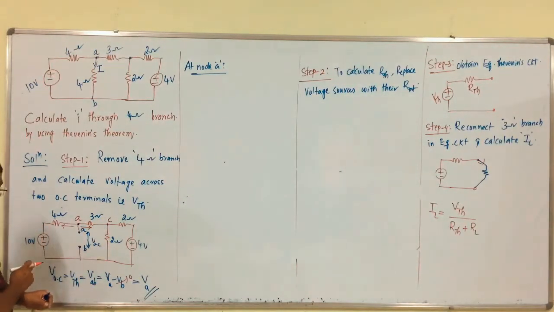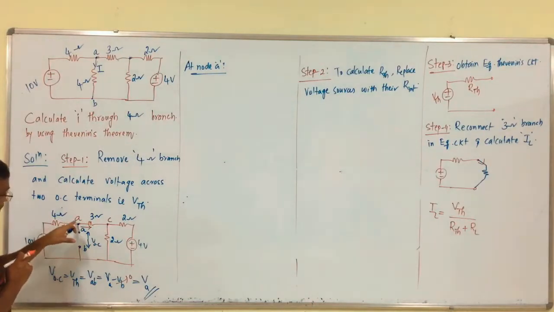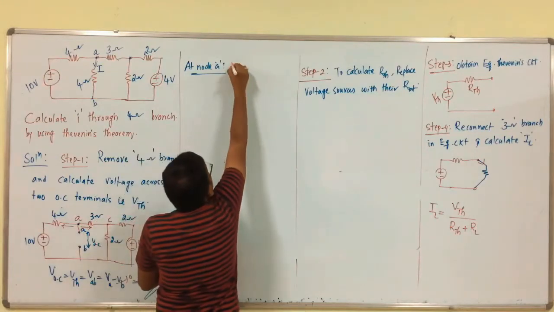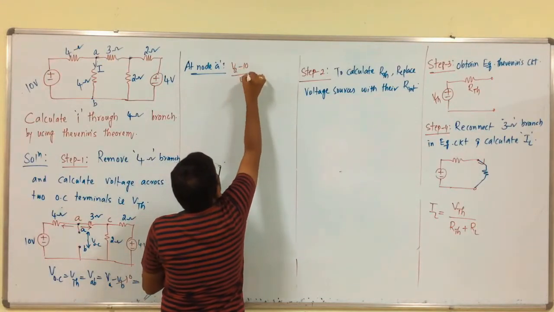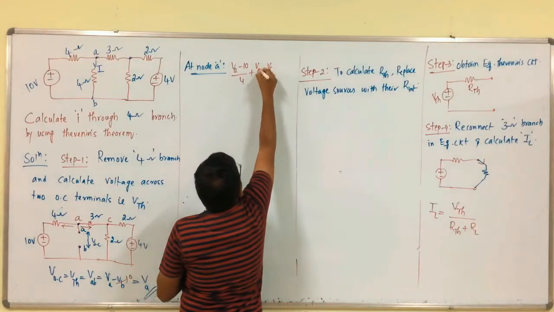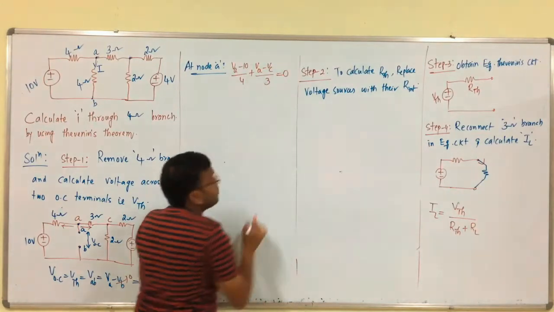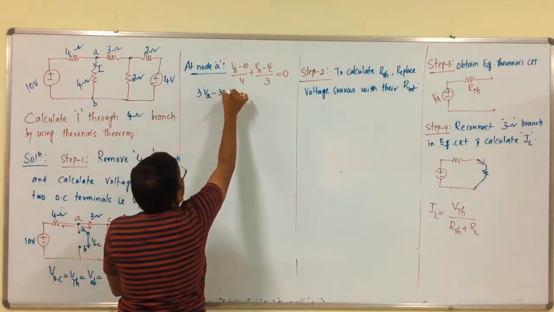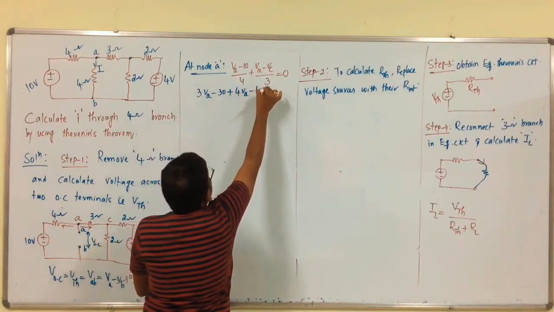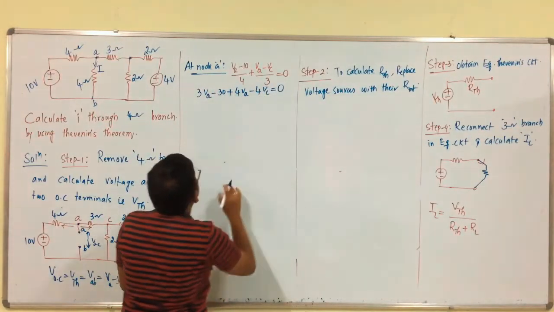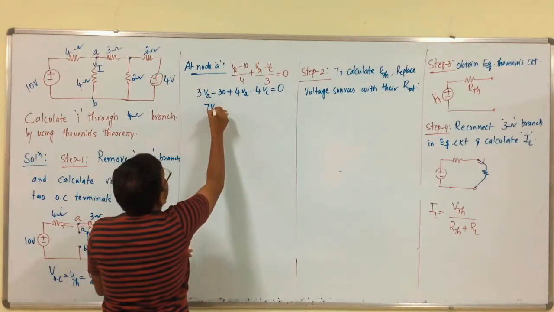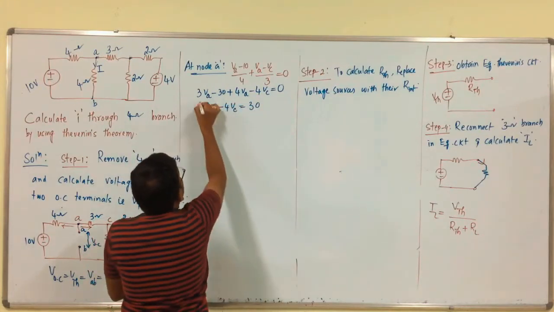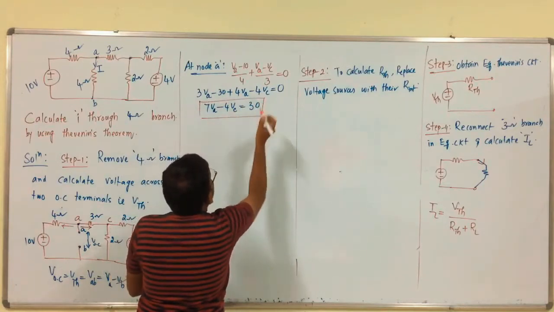So, (VA minus 10) by 4 plus (VA minus VC) by 3 equals 0. That gives 3 VA minus 30 plus 4 VA minus 4 VC equals 0, so 7 VA minus 4 VC equals 30. This is one equation.